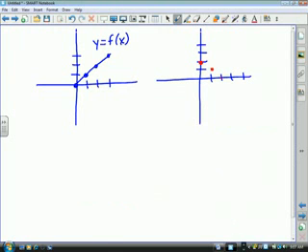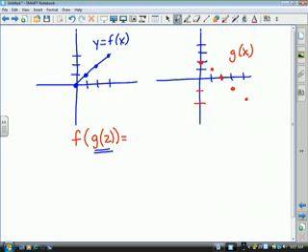And let's say I tell you this is g. And let's say I ask, what is f of g of 2? And I don't give you any equations. So now you have to know, really, what does g of 2 really mean?